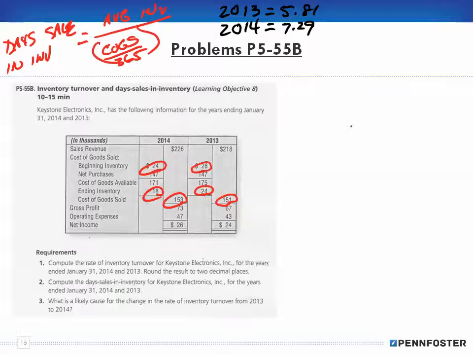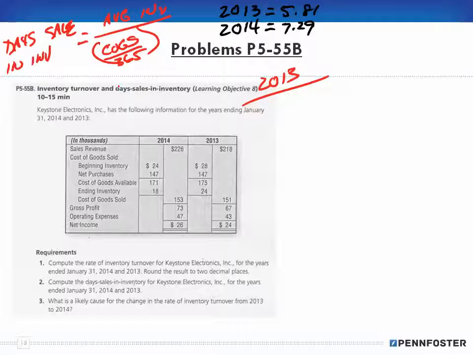Okay, so now I realize that I could have kept the information from working through the inventory turnover on the screen, right? But it does help a little bit to go back through this. Remember, average inventory is beginning plus ending divided by 2, right? And now, instead of having the cost of goods sold in the numerator, it's in the denominator, and we're dividing it by 365.